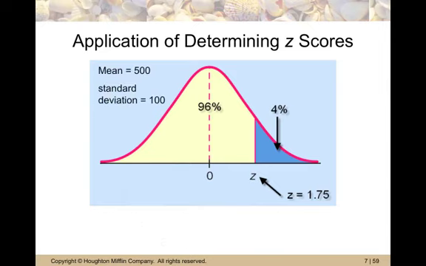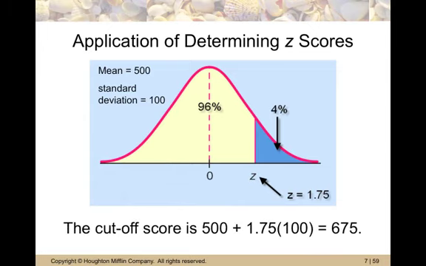So now we want to use the fact that the mean is 500 and the standard deviation is 100, and we'll use the fact that it's going to be z times sigma, so 1.75 times 100, so 175, plus the mean, so plus 500, 675. So the cutoff score for the top 4% is 675 for the verbal SAT.